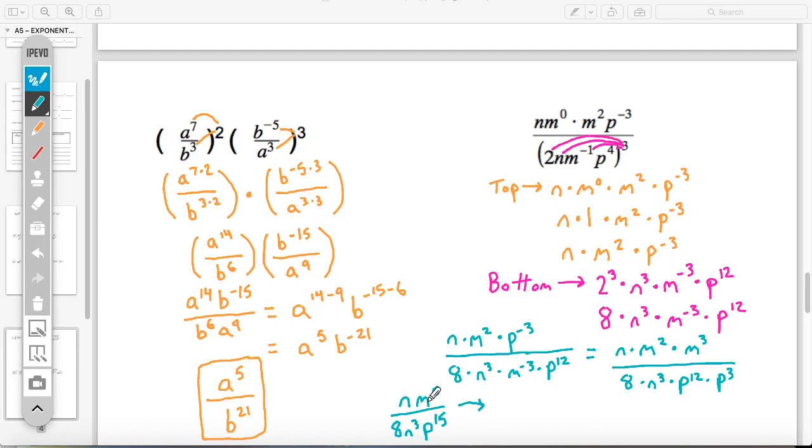Well, that's negative 2. So we would have n to the negative 2 up here. So we will take that n to the negative 2, cross the line, switch the sign. So we're left with, up top, m to the 5th divided by 8 n squared p to the 15th.